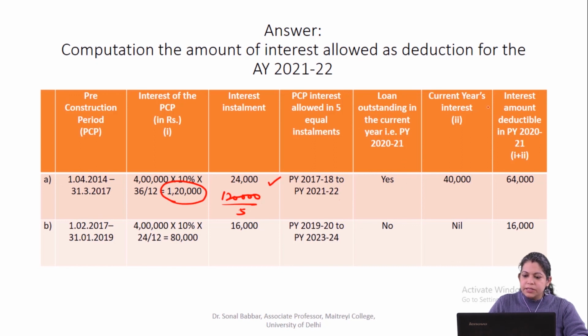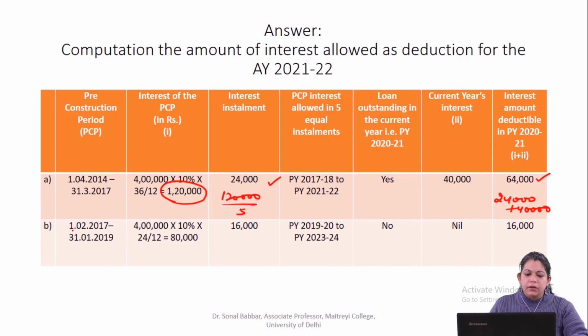So there would be current year's interest as well, which is 4 lakh into 10%, which gives us 40,000. So the interest amount deductible in previous year 2021 will be 24,000 plus 40,000, which makes it 64,000. So here, when the property income is computed, we are giving the deduction for the pre-construction period as well, and we are giving the deduction for interest for the current year.